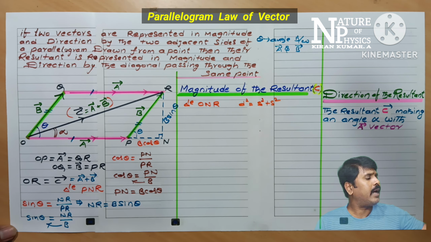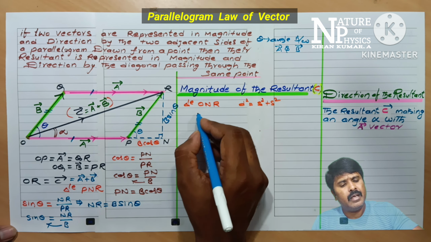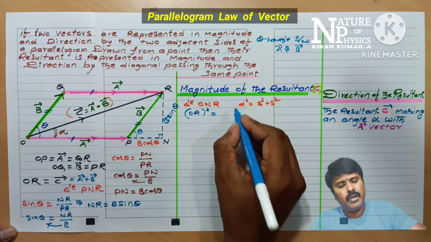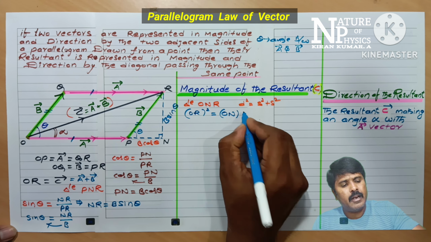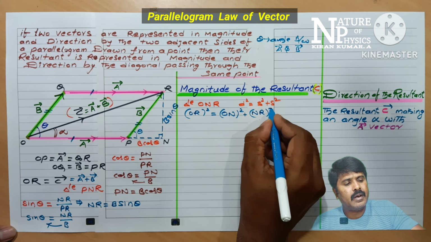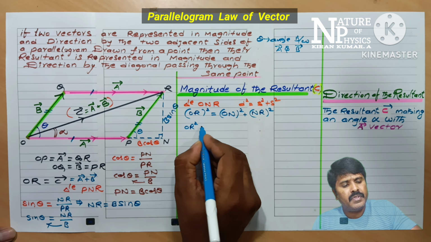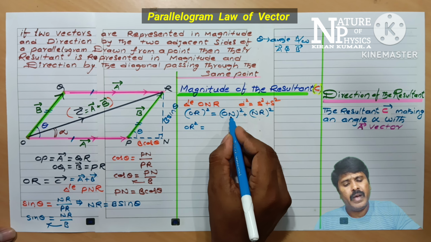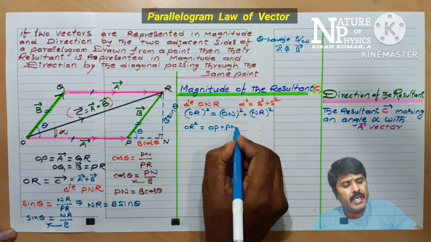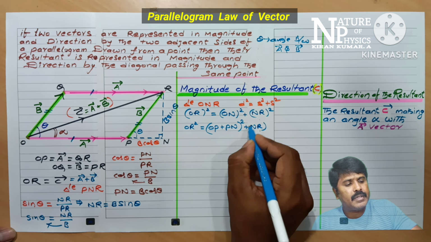So the diagonal here, OR whole square, is equal to ON whole square plus NR whole square. Okay, student, and OR square is equal to, replacing the ON value, OP plus PN whole square plus NR square.